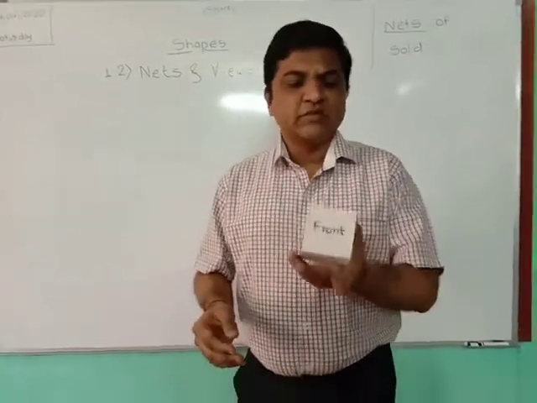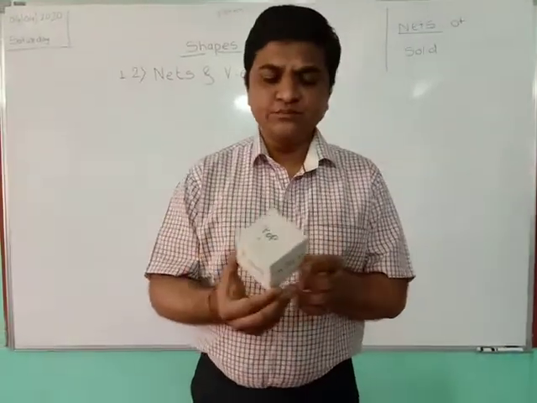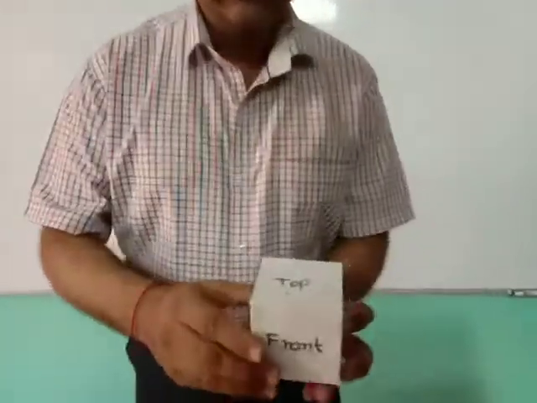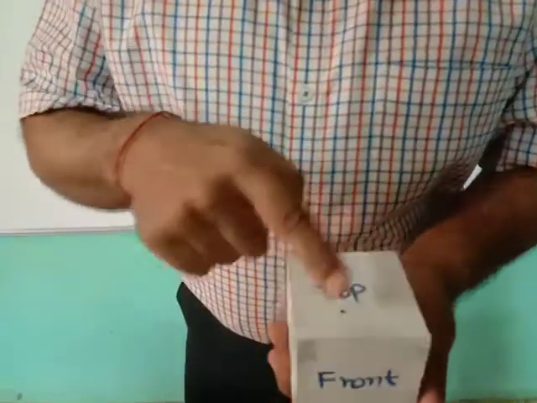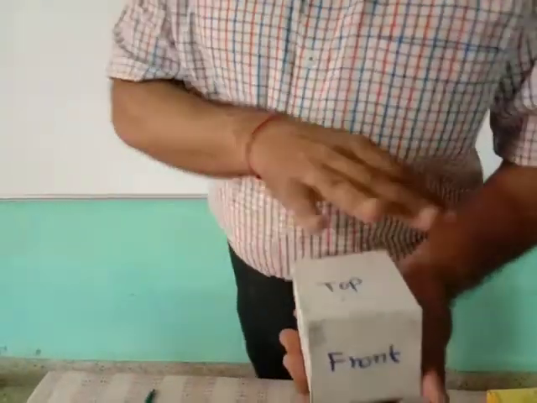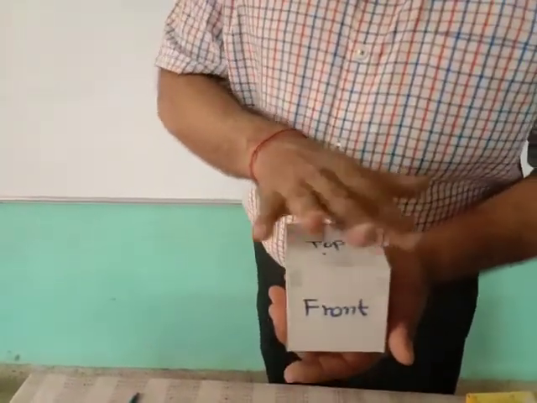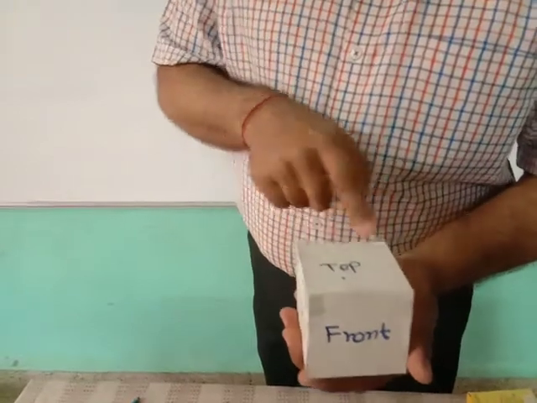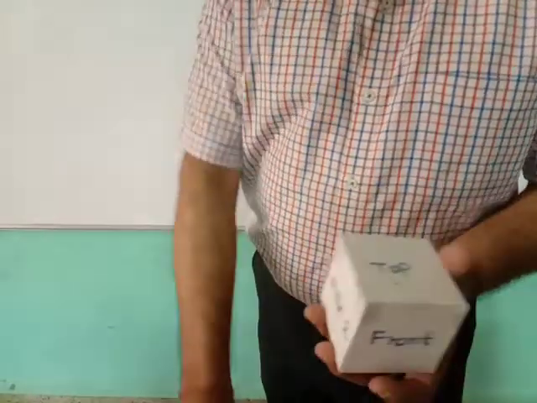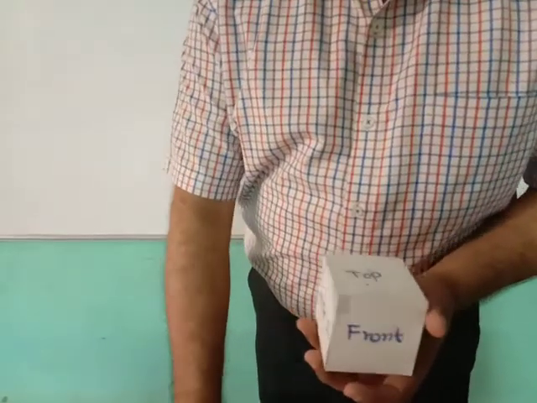Now let's take an example of this cube. You may see that a cube has 6 faces. All the 6 faces are equal and they are squares. Now we are going to open this cube one by one.